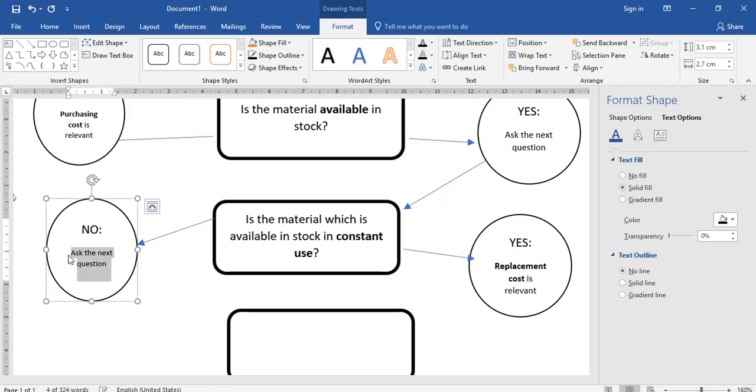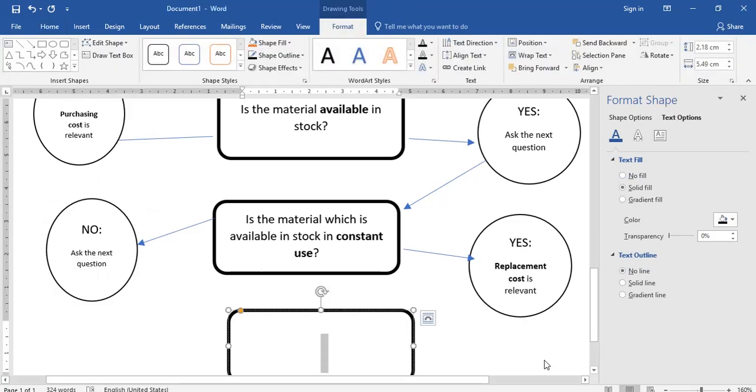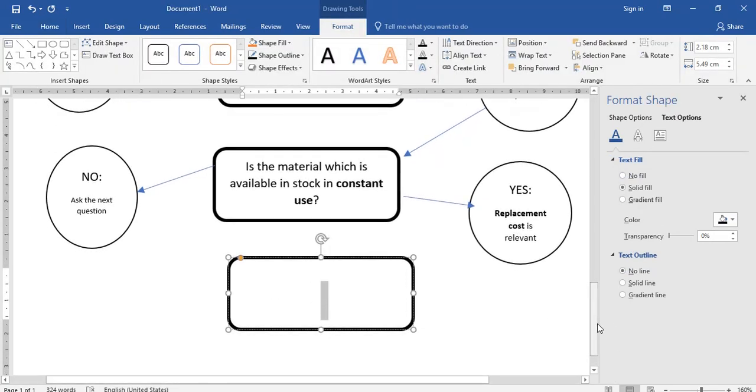So, what is the next question? The next question has to be a repetition of all this.